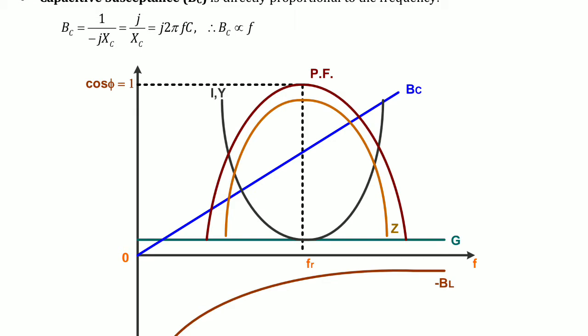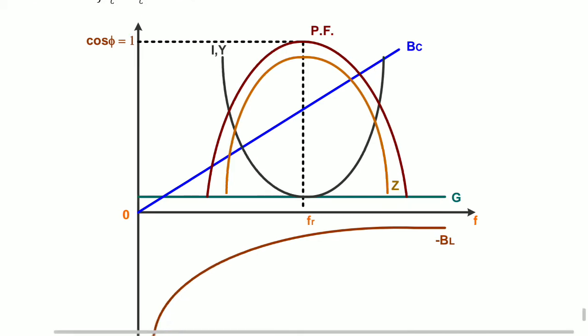After the resonance frequency, the admittance goes on increasing and the impedance goes on decreasing. At the resonance frequency, Z is at its maximum value, and after that it goes on decreasing.